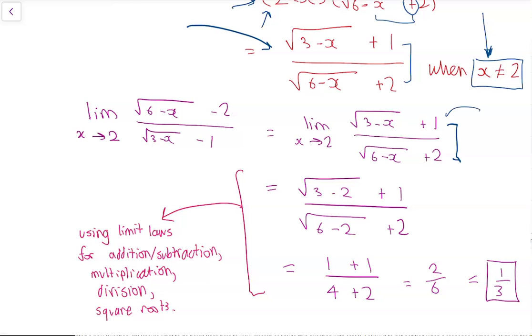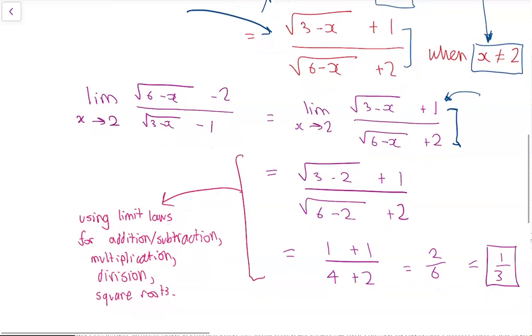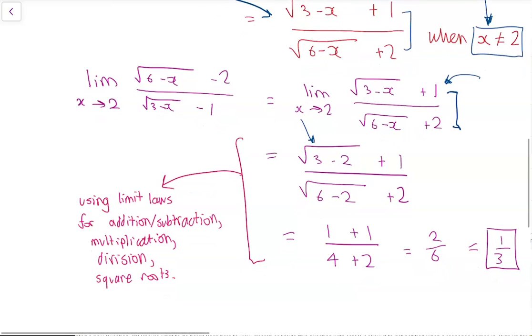So we can apply this identity, and now putting x equals 2 actually works, because if we substitute it in, we get square root of 3 minus 2 and then plus 1, divided by the square root of 6 minus 2 and then plus 2. And now it's no longer equal to 0.